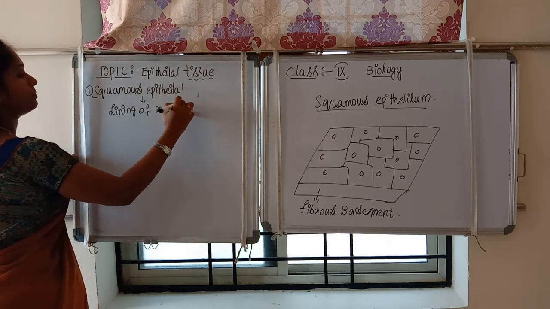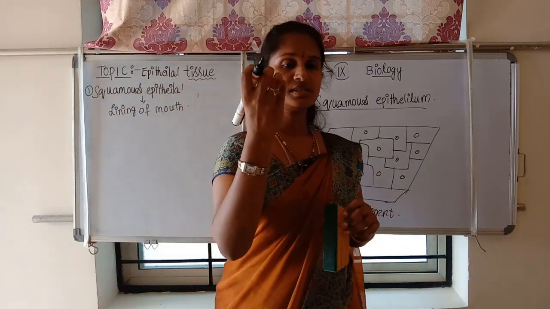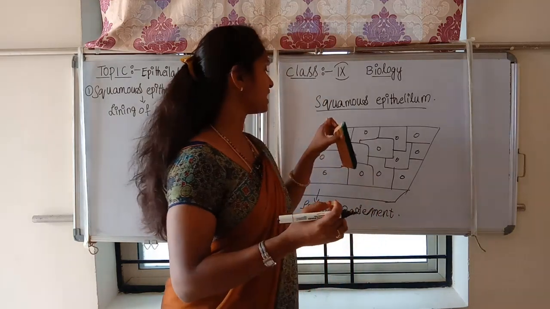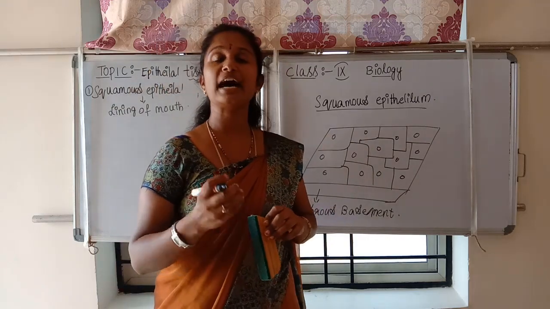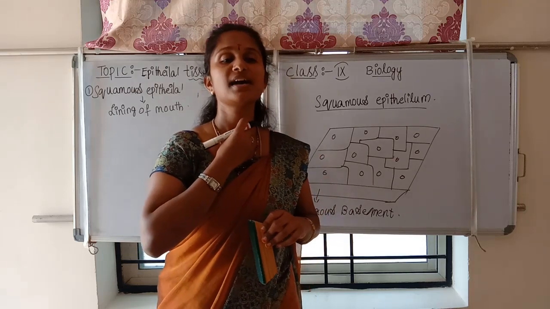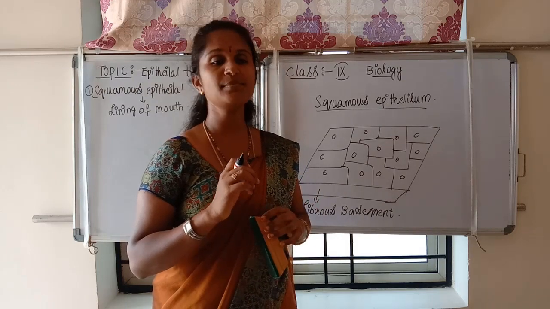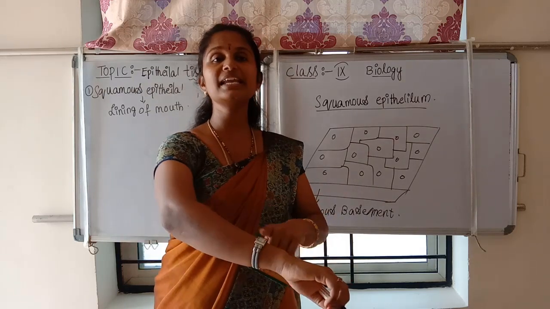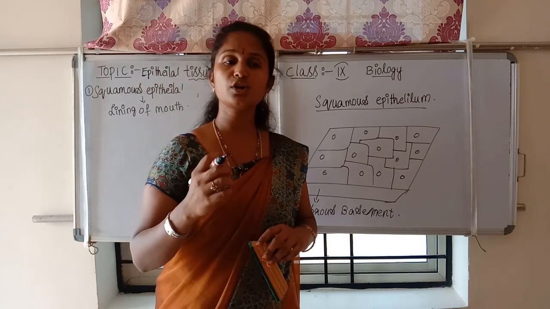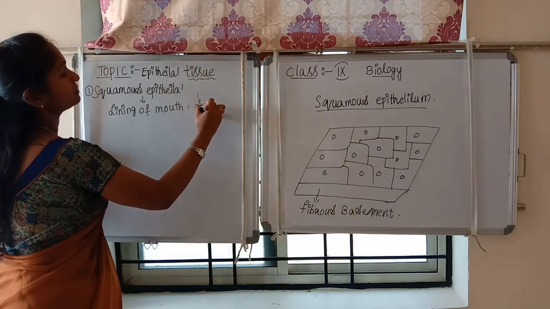Next, simple squamous epithelium cells are extremely thin, flat, and form a very delicate lining. The esophagus and the lining of the mouth are covered with squamous epithelium cells, and also the skin, where it protects. Lining of the mouth, skin.